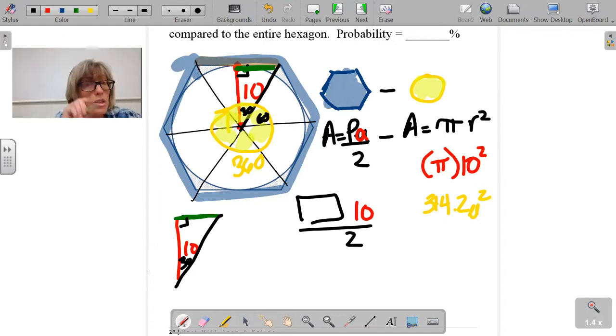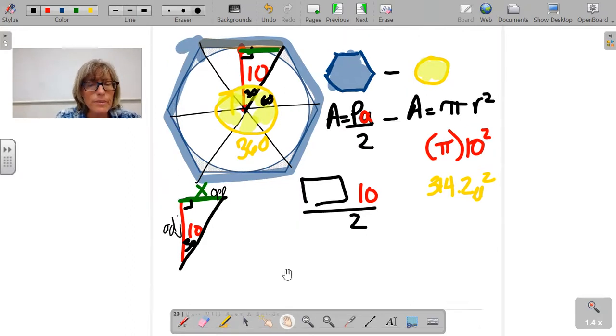I could use a 30, 60, 90 triangle, but that only works in special circumstances. We're going to use SOHCAHTOA because SOHCAHTOA works everywhere. So I need that little X there. This is opposite, this is adjacent. Got an OA combo, which means I'm using tangent.